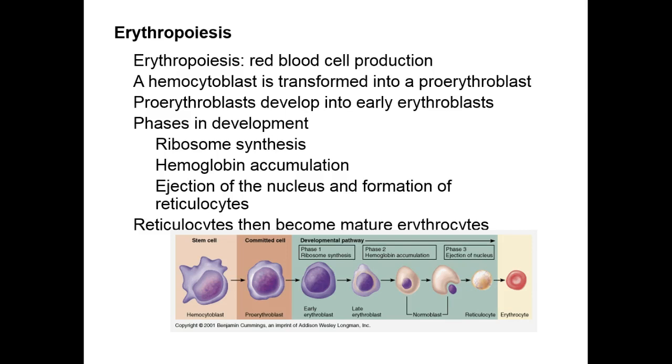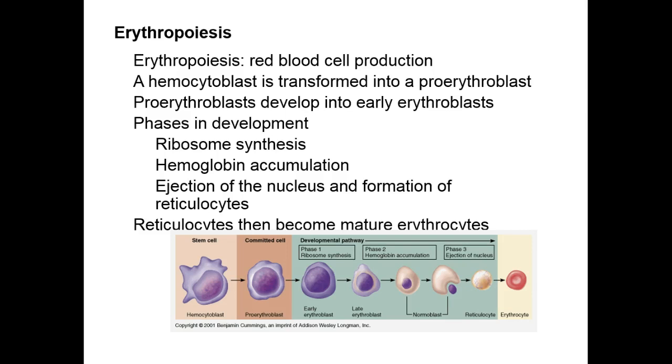It's not until the developing erythroblast becomes a normoblast that the organelles are going to start to be expelled. So you do have ribosomes to make proteins, to make these hemoglobins. You have this accumulation of hemoglobin, so you're making more and more of them, and packing these oxygen carrying capacity protein molecules into this red blood cell as it develops into a normoblast.